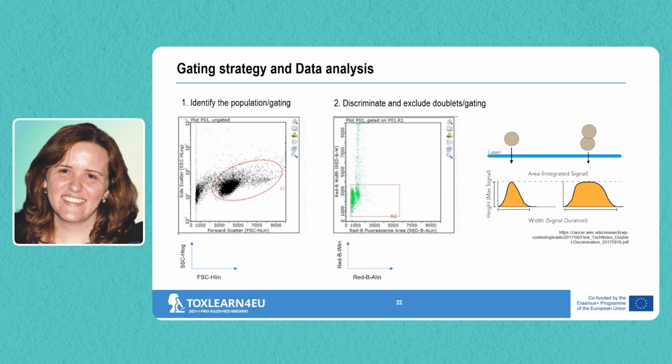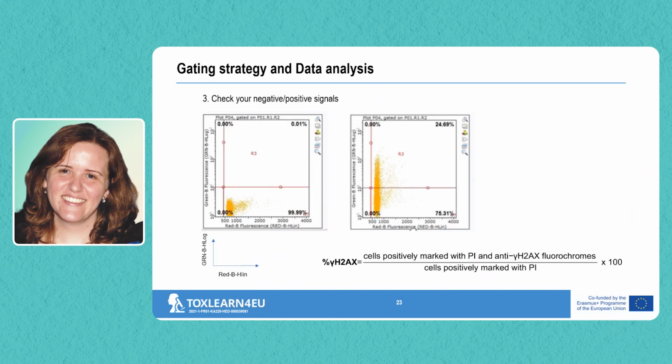We are just interested in this, the ones that have narrower pulses, and we will exclude everything else. So now in the next plots that are gated in R2, what we do is that we will plot on one side, we will plot the red fluorescence here, and here we will plot the green fluorescence.